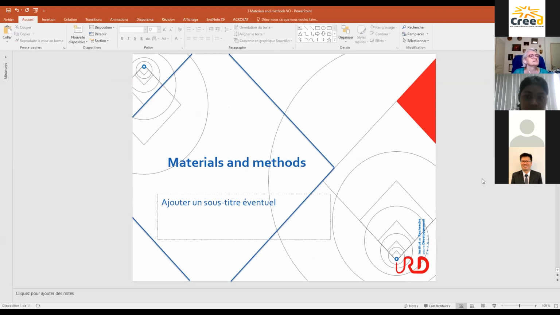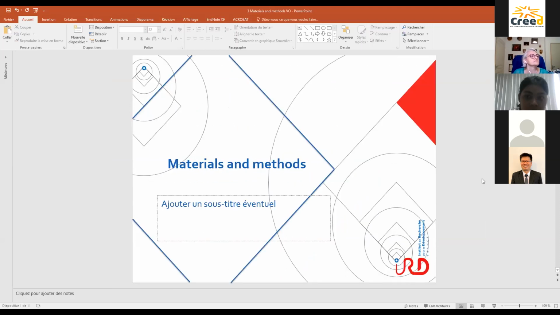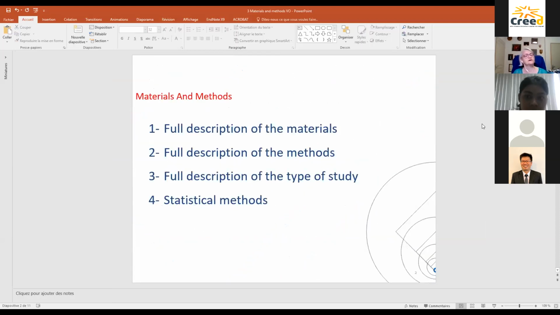So, materials and method section, you have several parts. The full description of the materials, study site, for example. Full description of the methods, what they did in our PDF example.